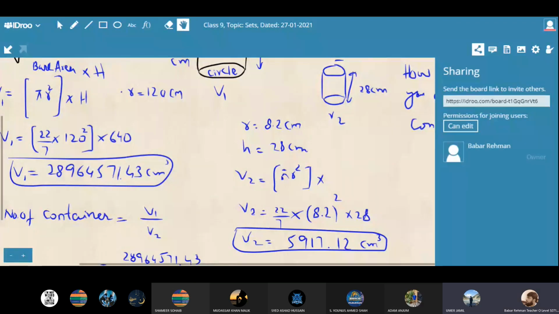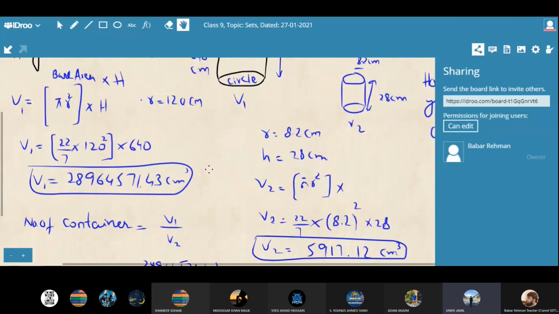Now we have to find the number of containers that will be taken out of the first cylindrical oil container that was filled to the brim.